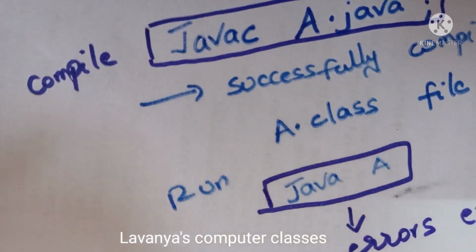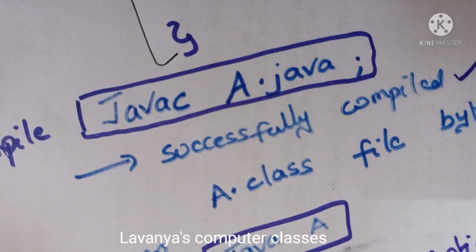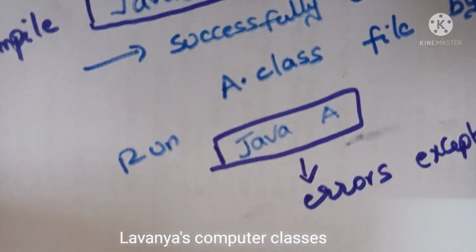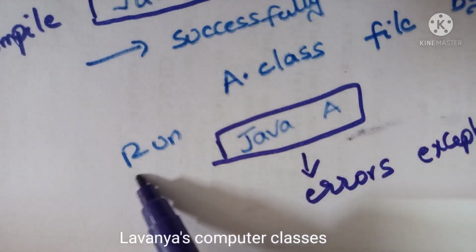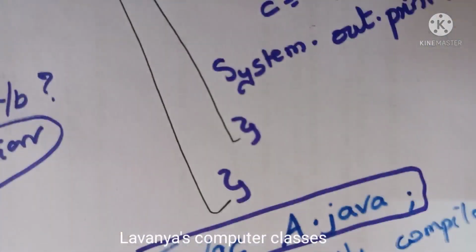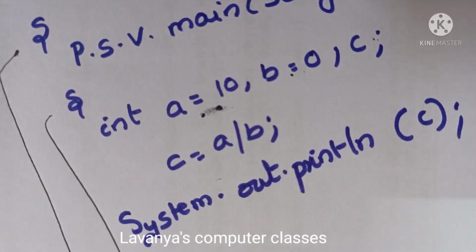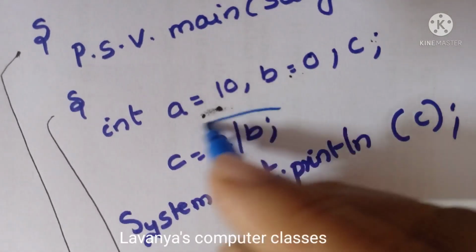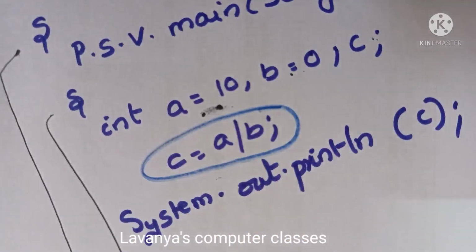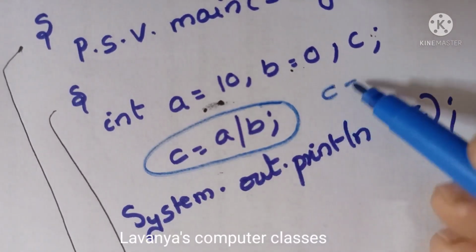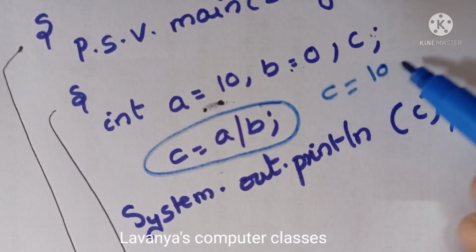See here, at compile time it compiled successfully and we did not get any error. But when we execute the program, we face a problem at runtime. The problem is in C is equal to A by B. In this line, we are facing the error at runtime, though syntactically everything is correct. What is the value of A? 10.